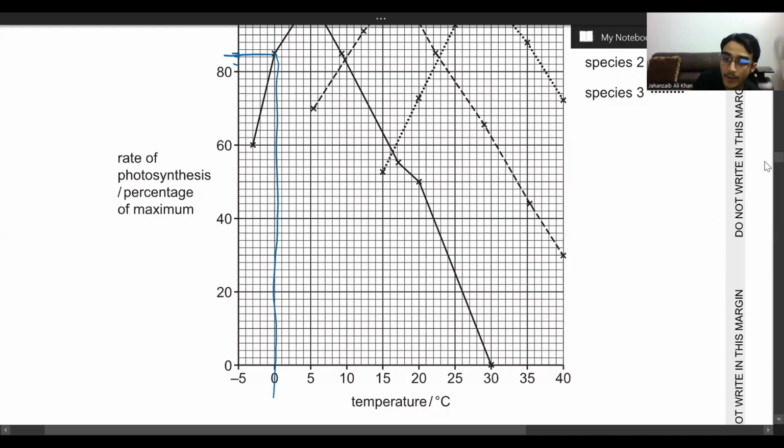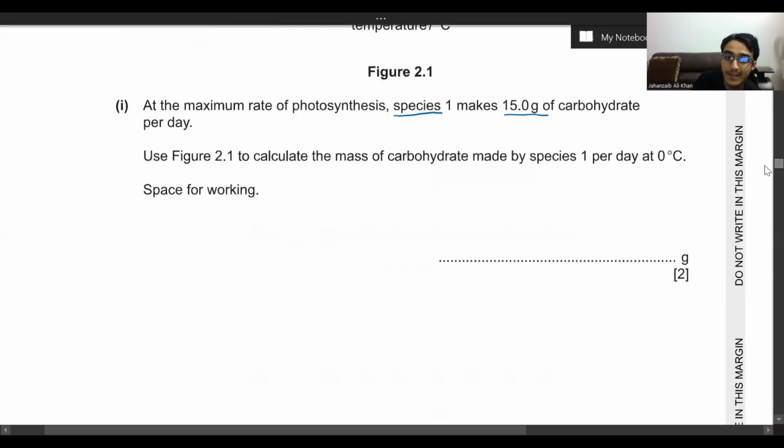And we know that at 100%, we're producing 15 grams of carbohydrates. So to show the working, at 100% we've got 15 grams, and at 0 degrees, we're producing 85% of the maximum. 85% of the maximum, that is 15 grams.